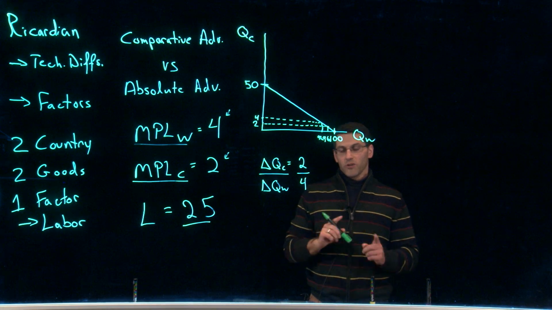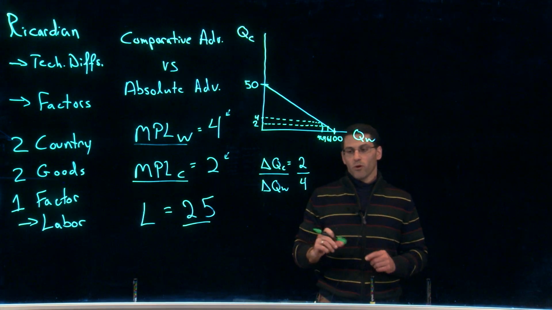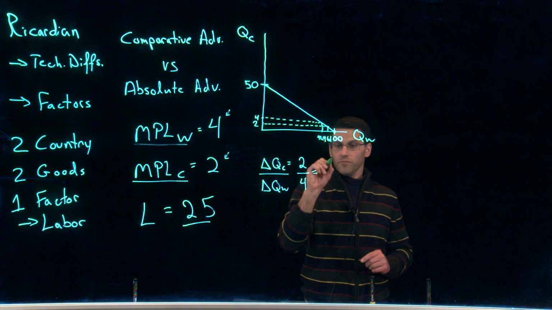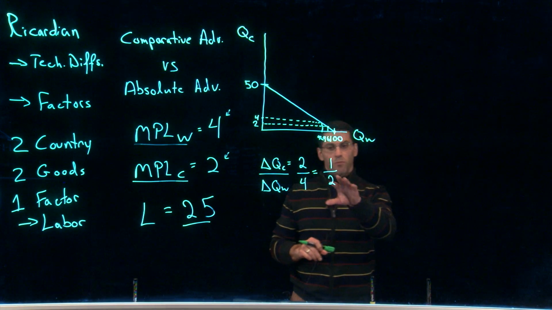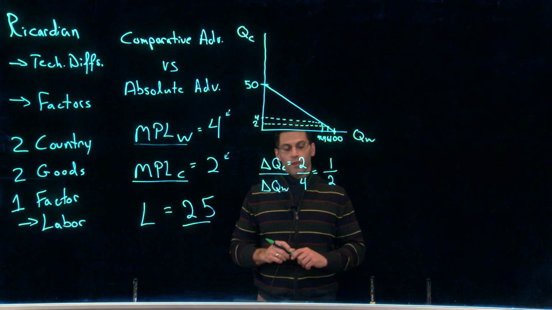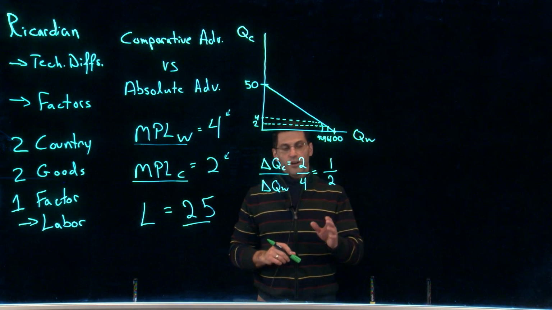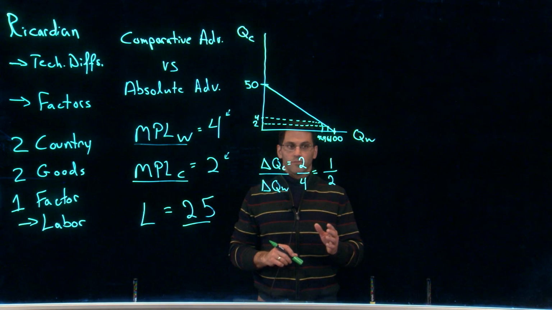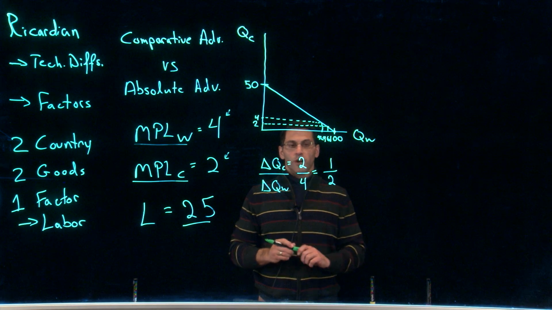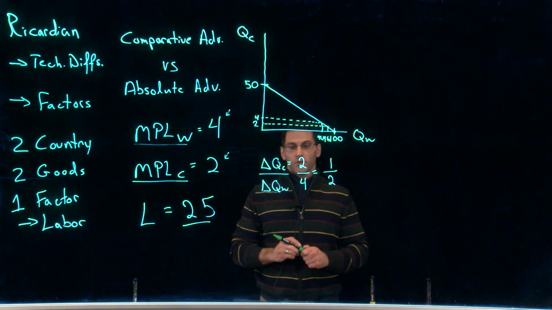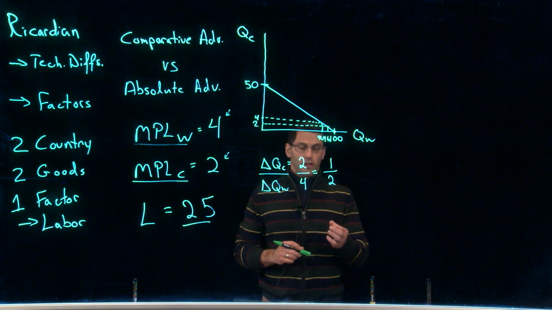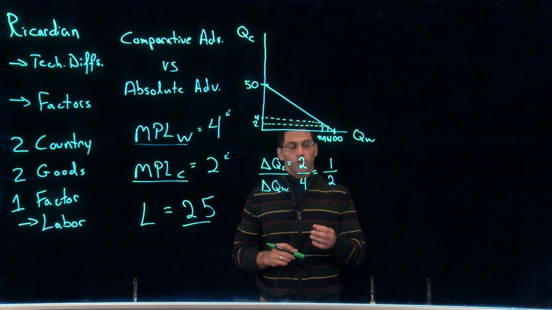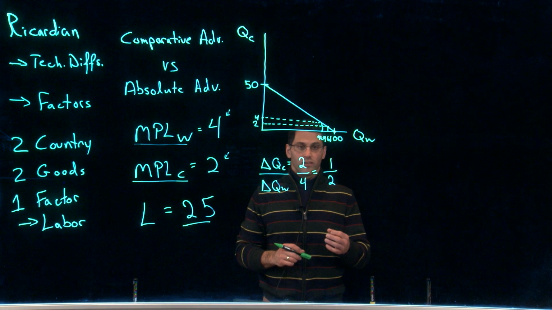Okay? So my trade-off here is 2 for 4 or 1 to 2. And what's so important about that trade-off? That is the opportunity cost. Right? And the opportunity cost of what? Well, it's the opportunity cost of producing more wheat. Okay? We always state our opportunity cost in terms of the good that is on the x-axis.